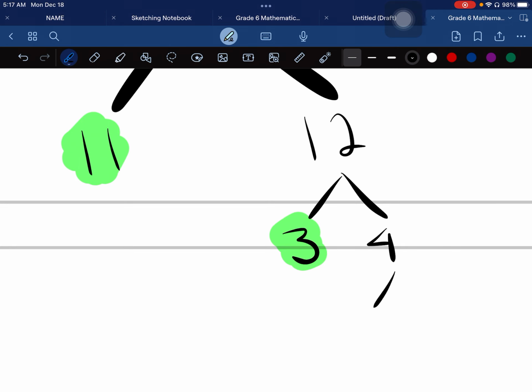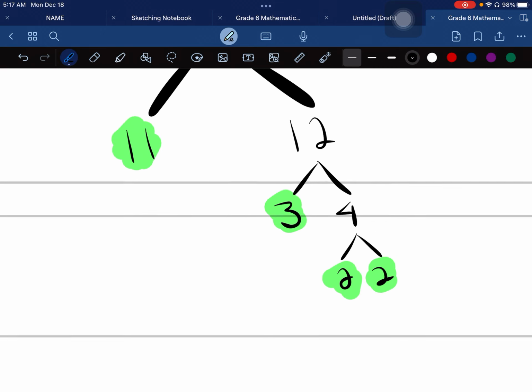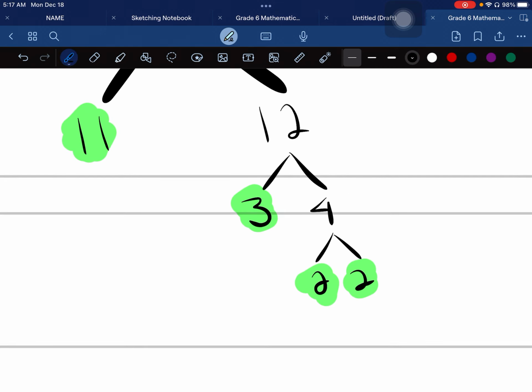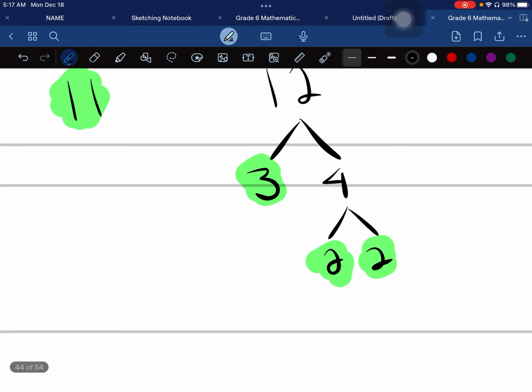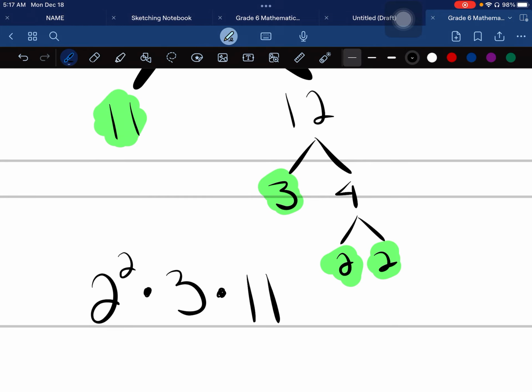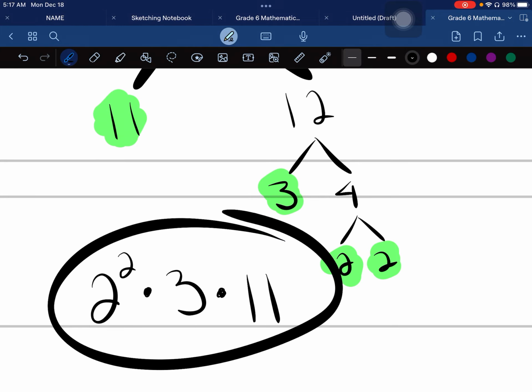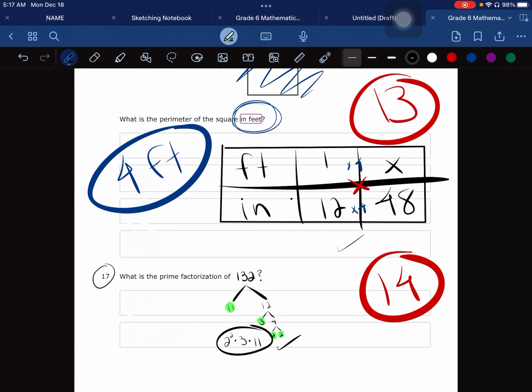No, so we continue. 4 is going to be 2 times 2. And guess what? These 2 are primes. So first, let's go in order. Let's do 2. How many family members does that have? 2 times 3, and it just has 1, so we'll just leave it like that. And we also have 11, but it had just 1, so we leave it like that. There we go.